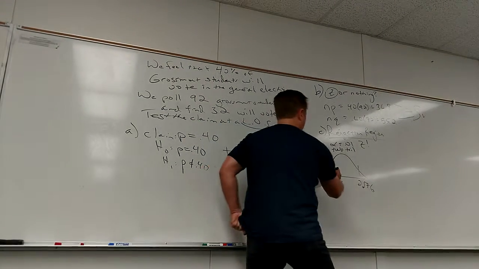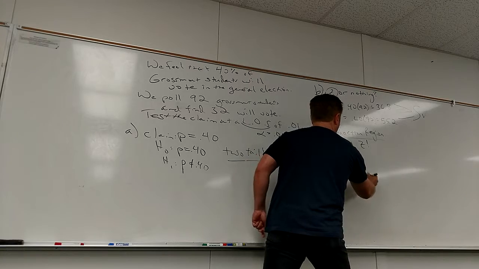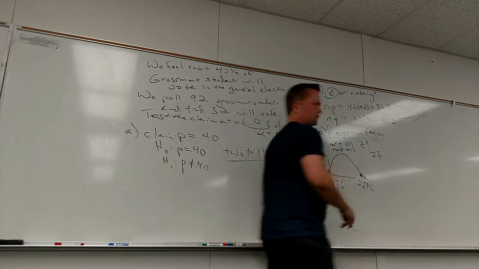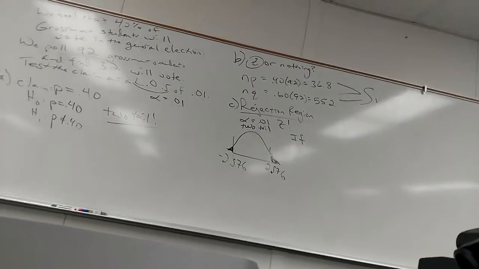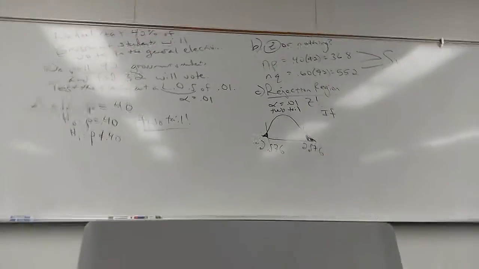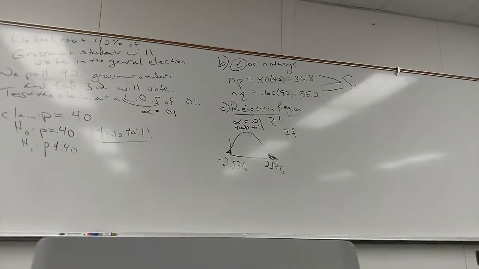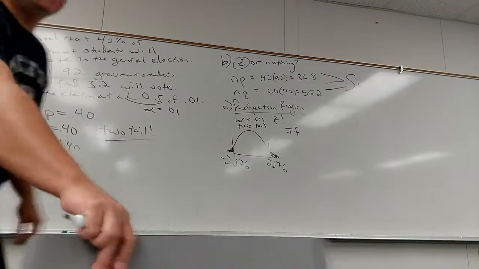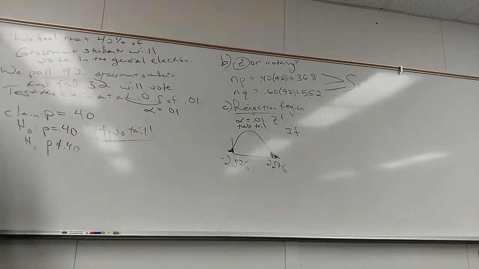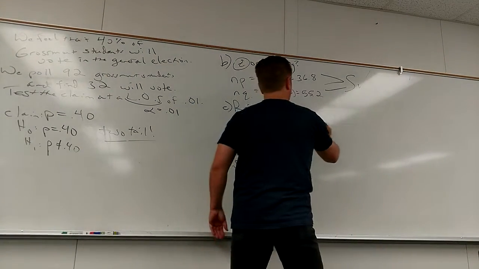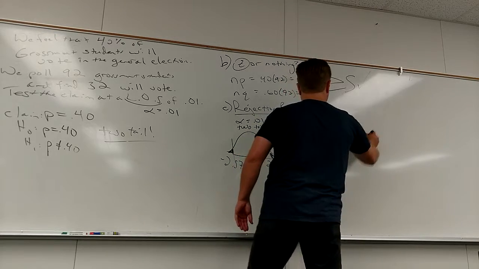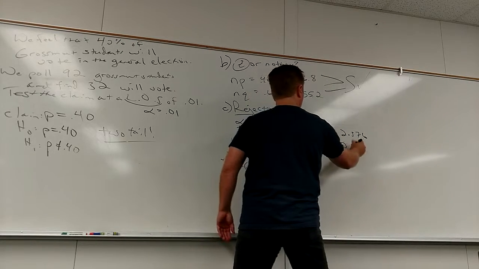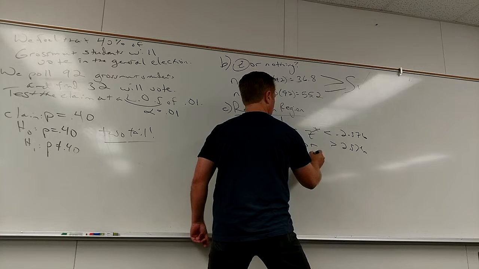So how do I say this in words? If the Z-score is less than negative 2.576 or greater than 2.576, we can do what?